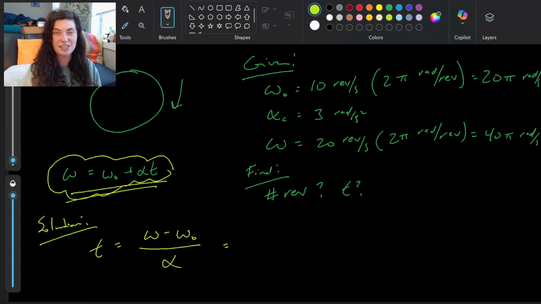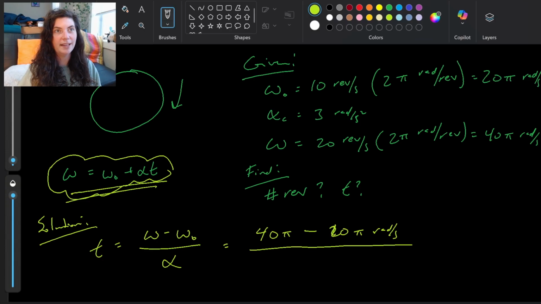Because I have all of these things already. I have my final angular velocity, that's 40 pi radians per second. I have my initial angular velocity, that was 20 pi radians per second. See, I almost wrote 10 there, and that would have been bad because my units would not have matched at all.